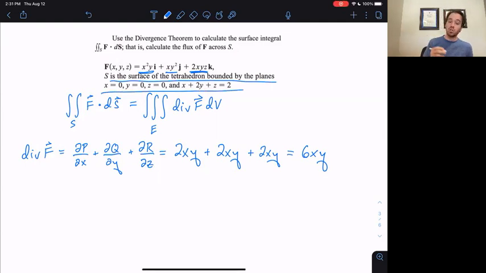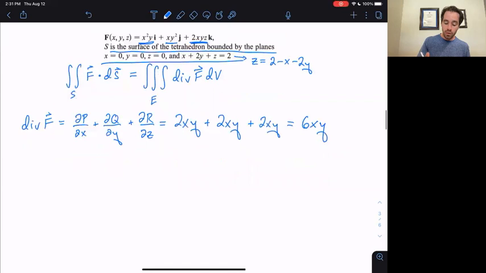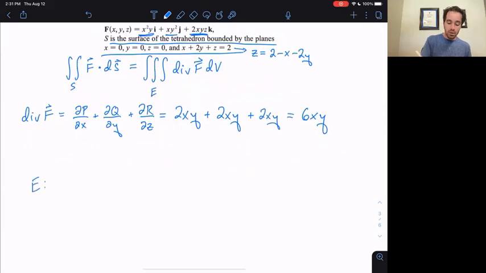Now we need to write a description of these in terms of boundaries on x, y, and z. Now check this out. This z can be solved to be 2 minus x minus 2y. And what that means is that E can be drawn like this. Our usual x, y, and z axes.